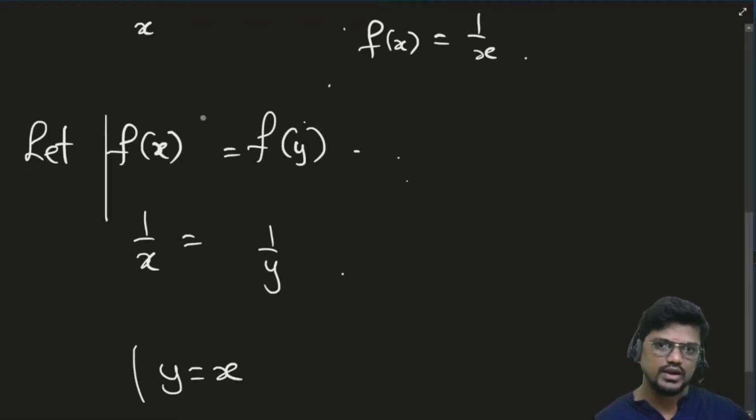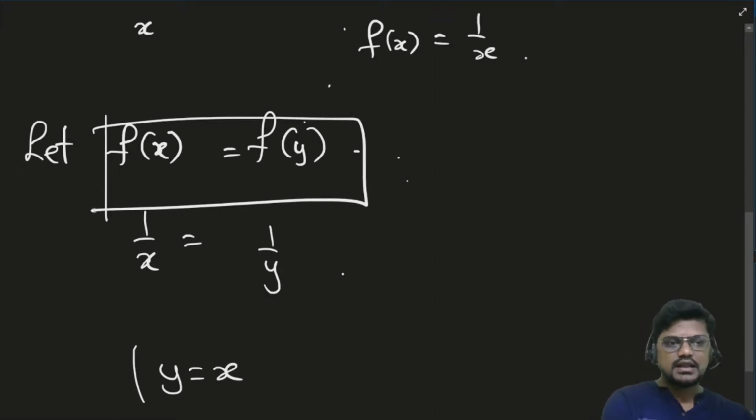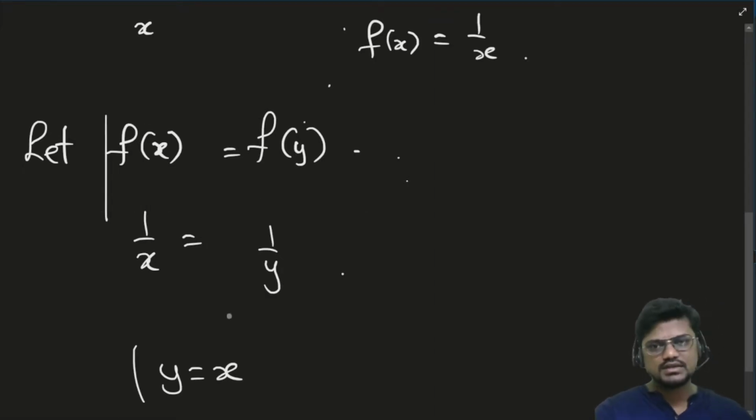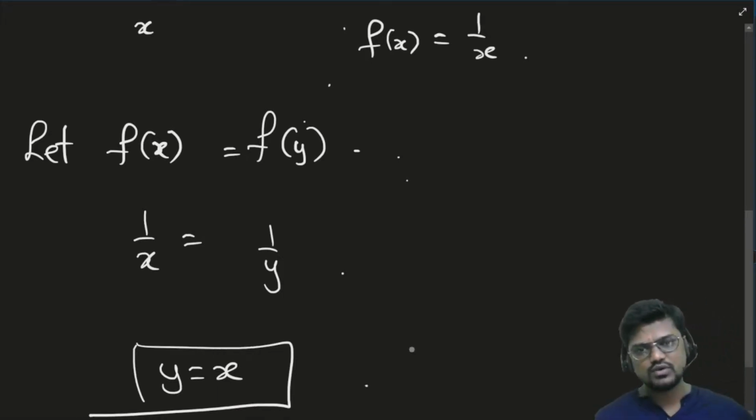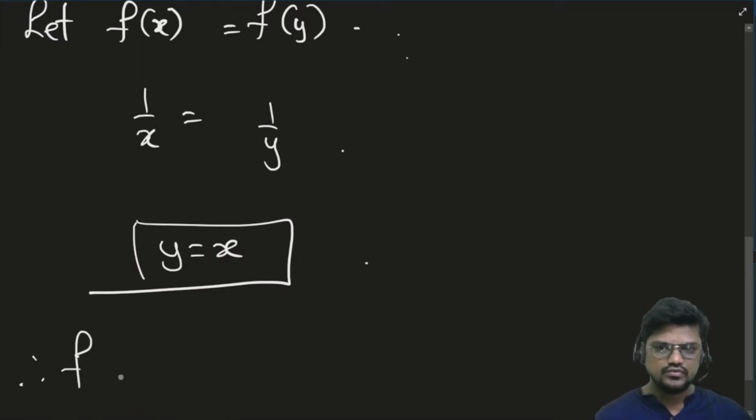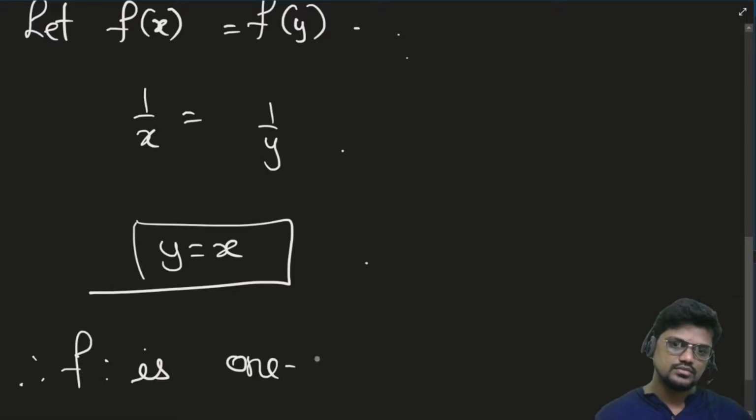So if I equate the elements in the codomain, what I am getting is that the elements in the domain are the same. That means for every element in the domain, you will have only one image. There is no other different image. So that's why you can say, therefore f is a 1 1 function.